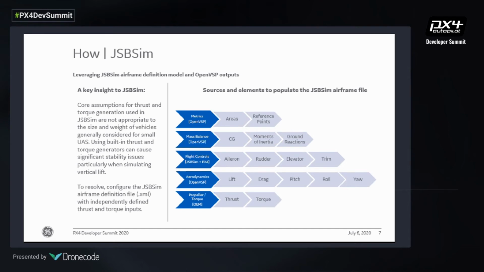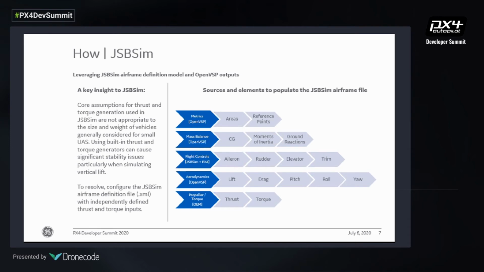Speaking of the aerodynamic model, we then have the aerodynamic section, which is the bulk of where the OpenVSP work was effected. So we used a coefficient build-up method to model the aerodynamics. So that means we have coefficients relative to the contributing factors for lift, drag, pitch, roll, and yaw.